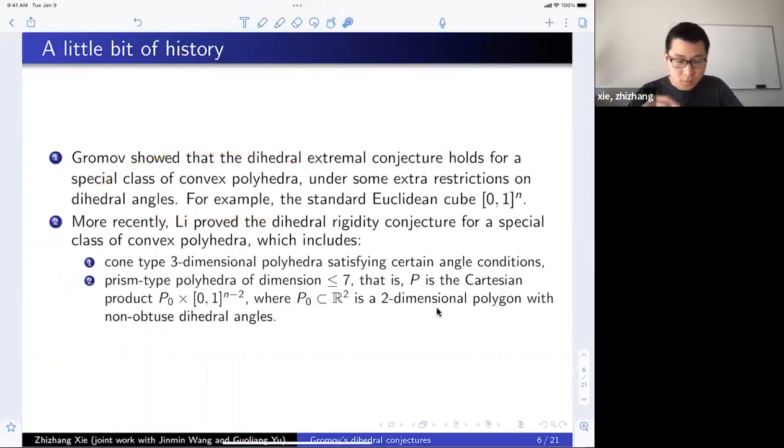Okay. And more recently, in the past couple of years, Chao Li proved the dihedral rigidity conjecture for a special class of convex polyhedra, in particular for the so-called cone type. Cone type means you have some base, and then this polyhedron is a cone over that base.